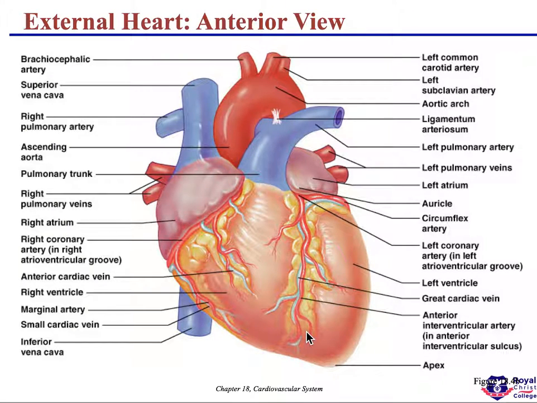So here is an image on the screen of the heart from the anterior point of view, and we'll go through it bit by bit. So here on the bottom you have the apex, which is just about touching around here, where my mouse is moving now, is where the diaphragm is.